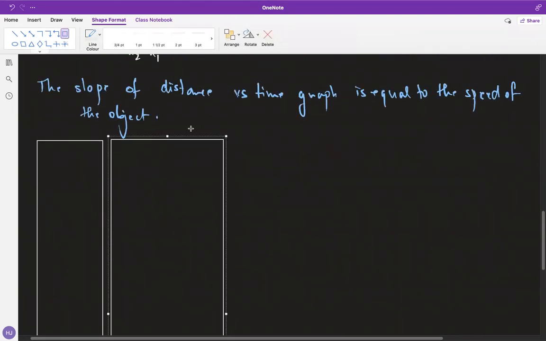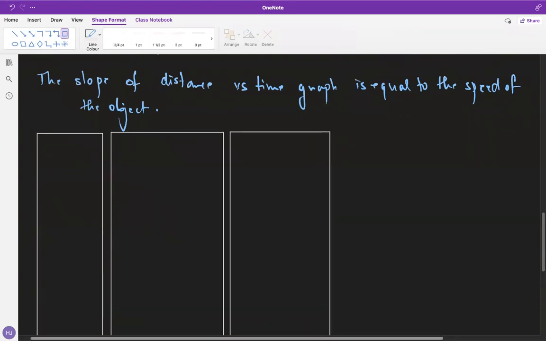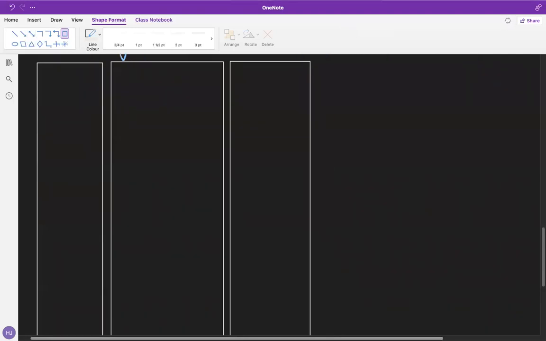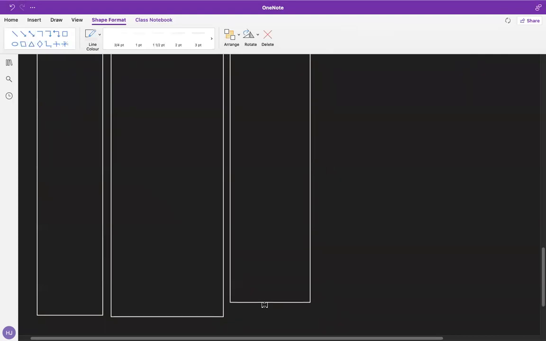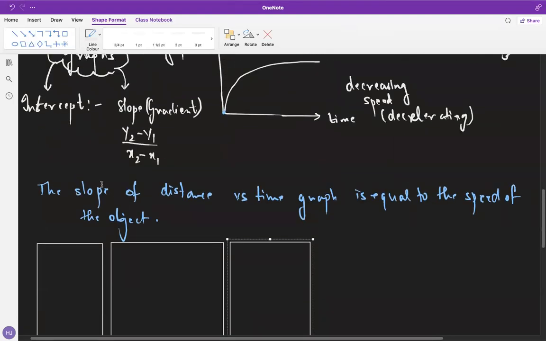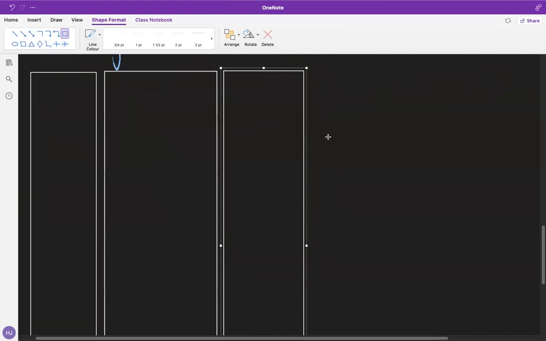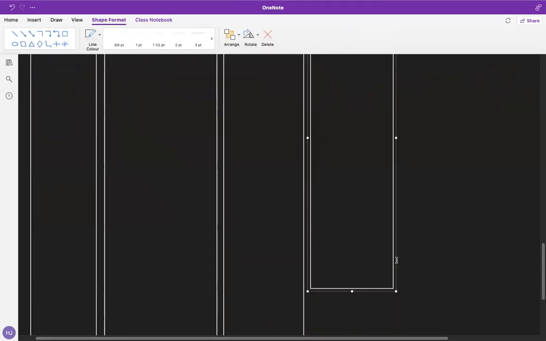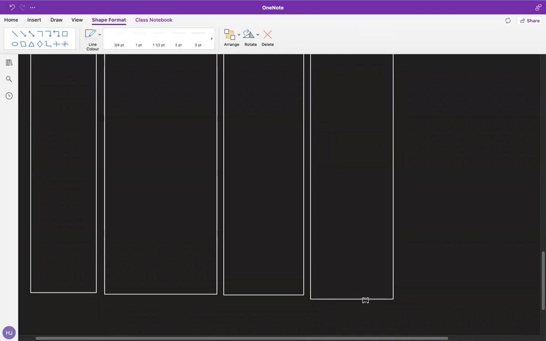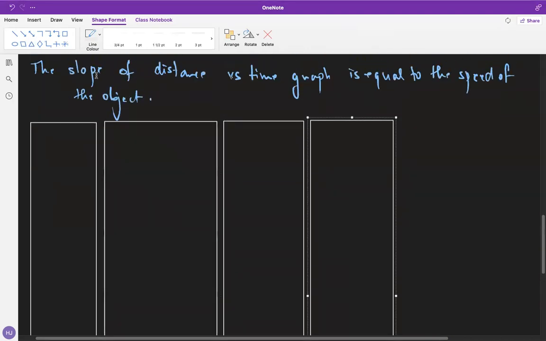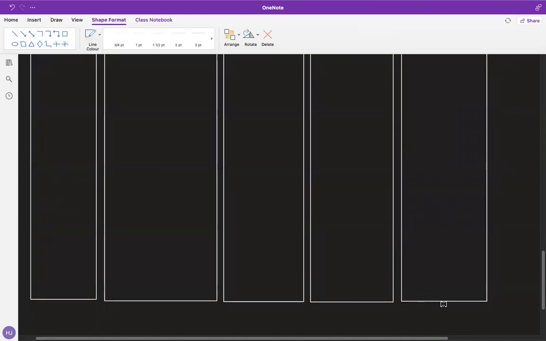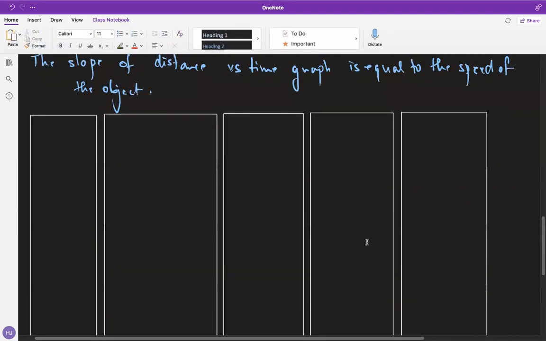Here we will write what the intercept of that graph represents. In the next column, we will mention what the slope of the graph represents. And in the last, we will write down what the area under the graph represents. It's a very interesting exercise because this table is like a summary chart for you before the examination.